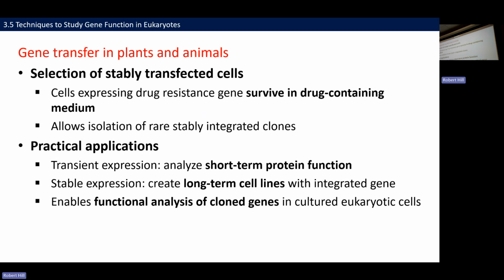And you can select for those cells in the same manner that we use selection agents in prokaryotes as well. As long as the plasmid confers resistance to a particular compound, you can do that. So, generating cell lines that can be used as models for a particular disease is often a very popular result from generating stable clonal cell lines.